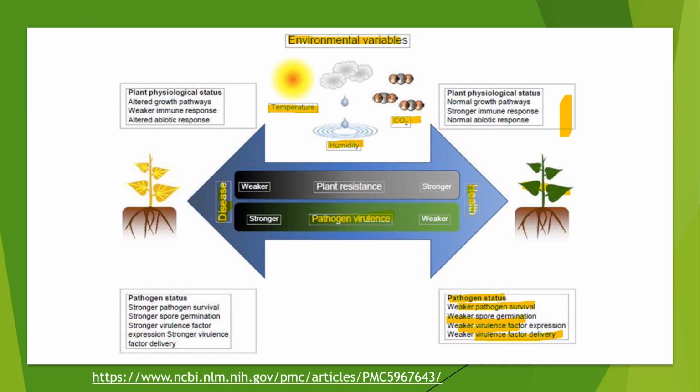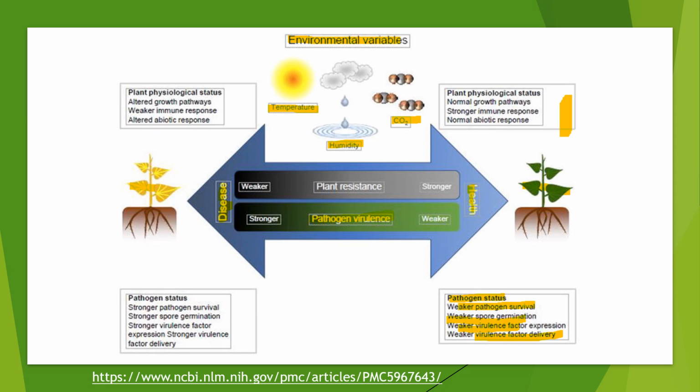On the other hand, here we see a diseased plant. When the plant is catching disease, it will have altered growth, a weaker immune response and an altered abiotic response. As a result, the pathogen is gaining entry.